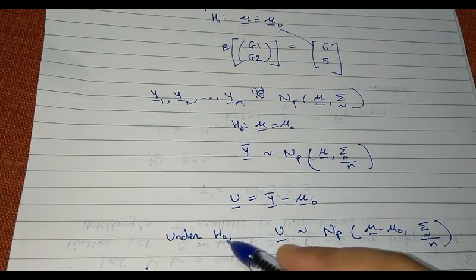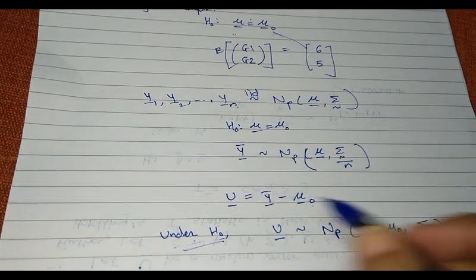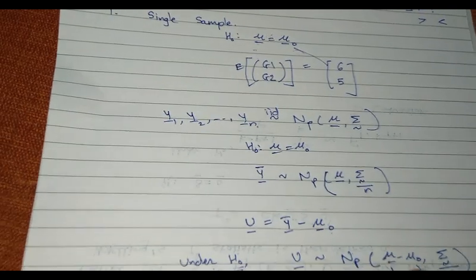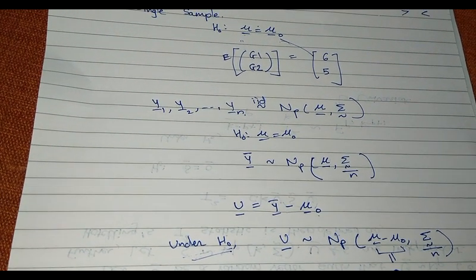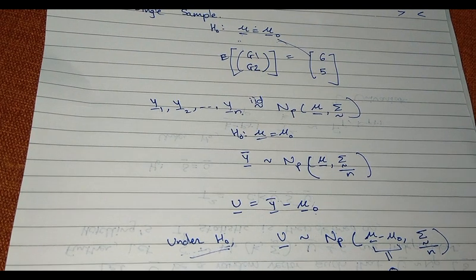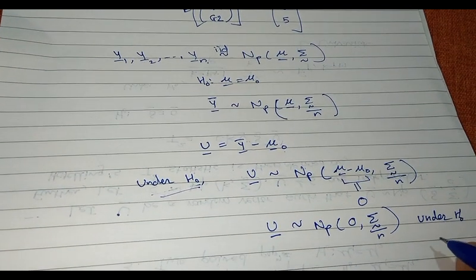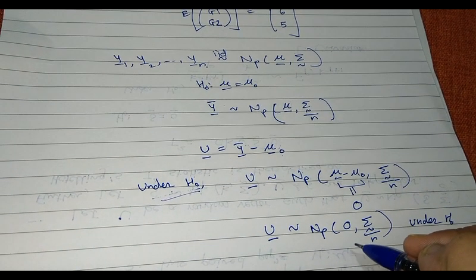And we know that under H naught, this mu minus mu naught will be 0 because my H naught is mu equal to mu naught. So I would have u following Np(0, sigma by n) under H naught. Okay, so I am in the setup in which I can apply Hotelling's T-square.